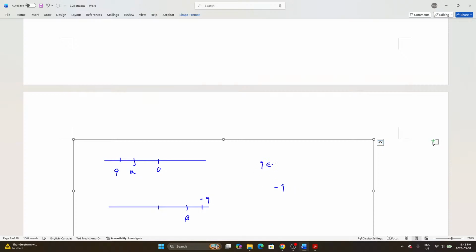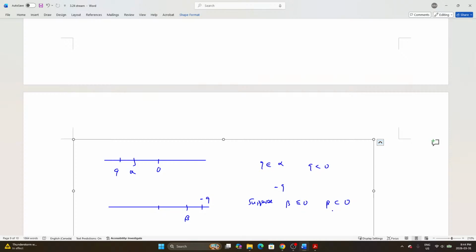Okay, q is in alpha, so q is less than zero. How do I get a contradiction from that? I suppose that beta is less than or equal to zero, namely beta is contained in zero.